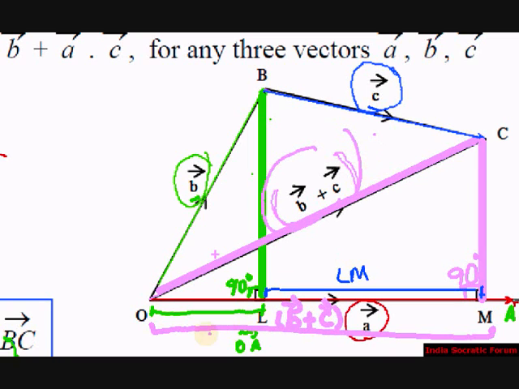So the projection of that is OM. OM is the projection of B vector plus C vector, OL is the projection of B vector, and LM is the projection of C vector.